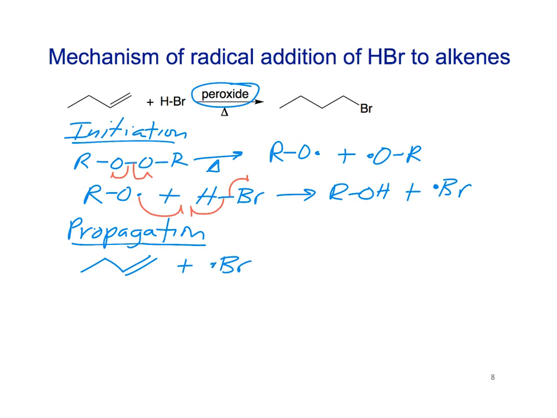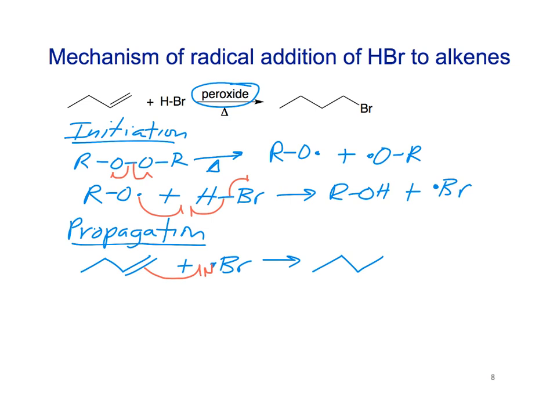This time it's going to be the pi bond that reacts with the radical. So this is going to react over here with that. And it's going to react in such a way, let's draw both possibilities, to form the more stable radical.